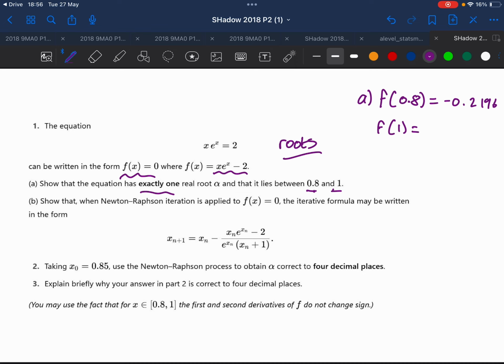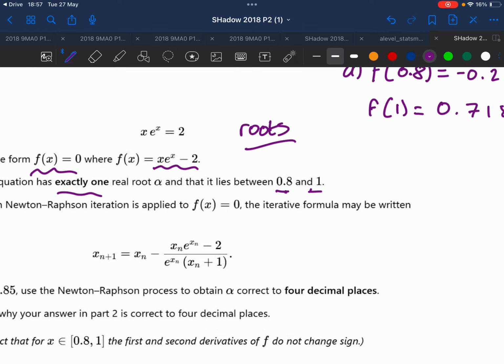So if I do, well, that's just going to be 1, isn't it? So if I did e to the 1 minus 2, I will get a positive number, which is what I was looking for. So 0.7183.